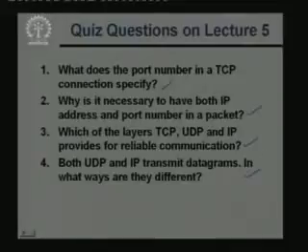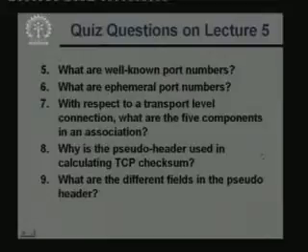In what ways are they different? What are well known port numbers? What are ephemeral port numbers? With respect to a transport level connection, what are the 5 components in an association? This we have discussed. Why is the pseudo header used in calculating TCP checksum? What are the different fields in the pseudo header?